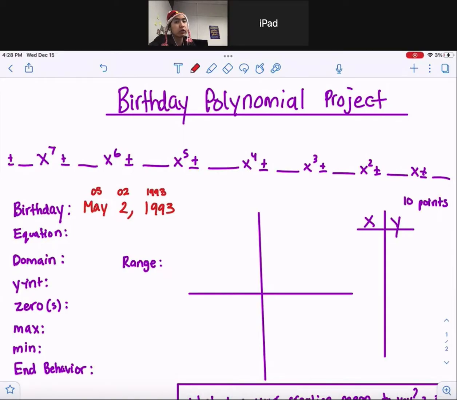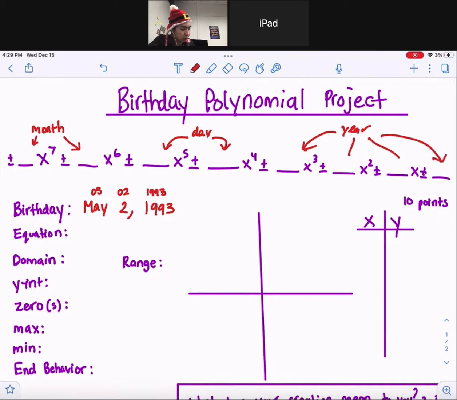So if you were to do that for your own birthday, this is your month. This is the day of your birthday. And this is your year.